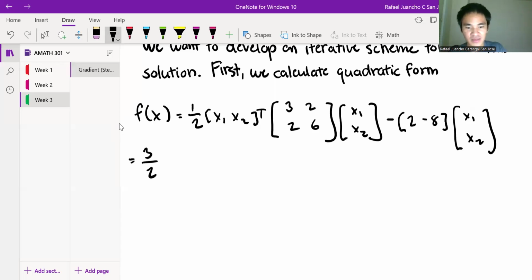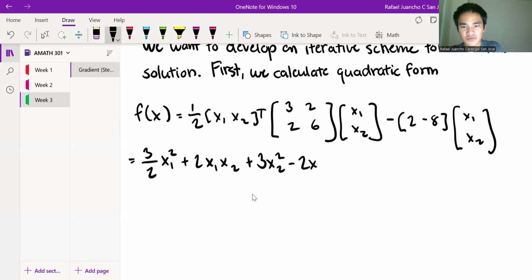So 3/2 x1 squared plus 2 x1 x2, yeah, here I'm multiplying, plus 3 x2 squared minus 2 x1 plus 8 x2.